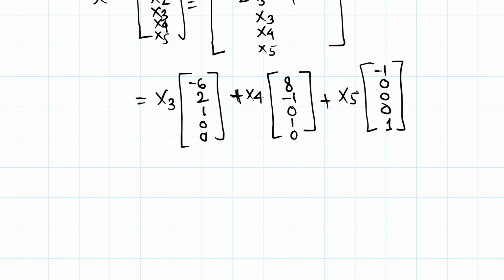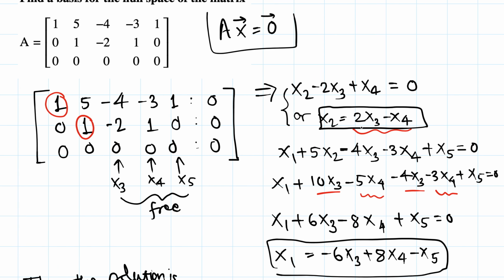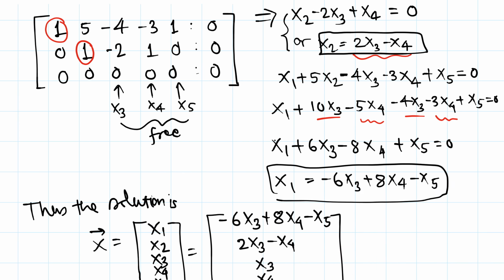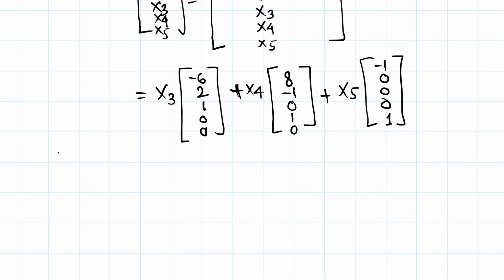So these vectors in fact form the basis for the null space. The basis for the null space of A, Null A, is just a collection of three vectors.